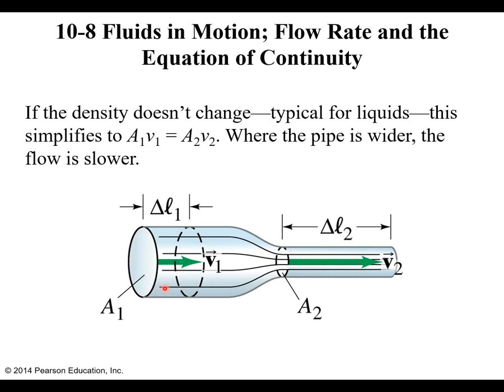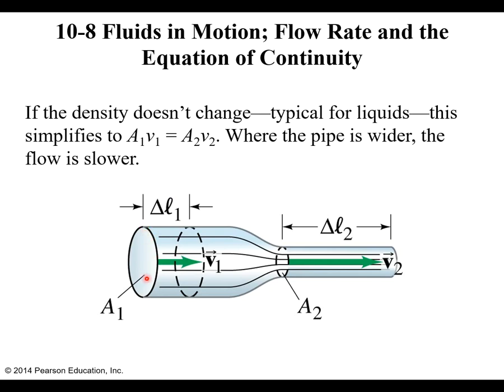Here you have a certain amount of mass that is moving in a given amount of time. Well, in the narrower part of the tube, you must have the same amount of mass pass through a point in the same amount of time. That's how laminar flow works.